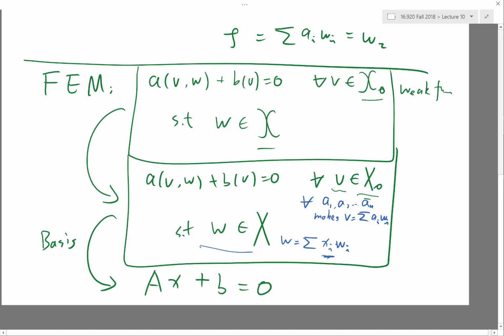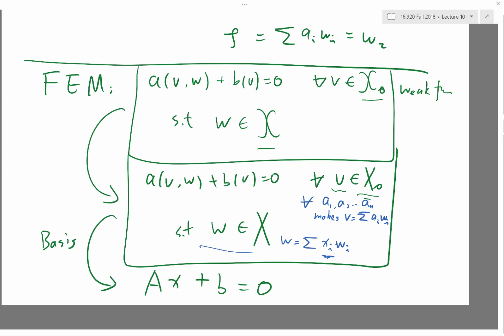We are no longer solving the weak form for some function w. We are now solving the weak form for a set of unknown numbers x1 to xn. Also, we no longer have an equation that has to be satisfied for any function v. We now have a set of equations that has to be satisfied for any choice of a finite set of numbers.